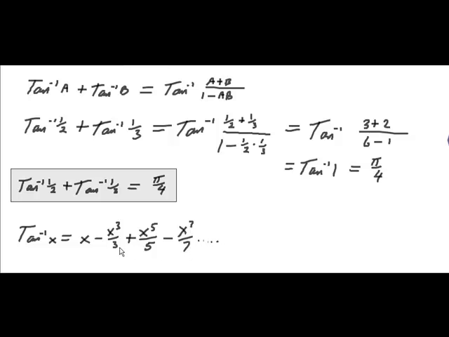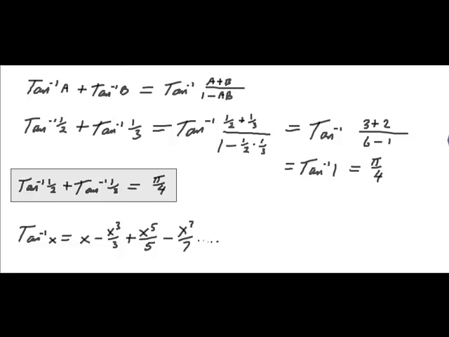Now we use this formula and sub in a half first of all for x, and then sub in 1/3 and add our two answers, and that will give us pi over 4, and finally multiply by 4 to get pi. So there's another formula we can now use for pi, but the advantage of this one is it converges quicker than the last one we used.